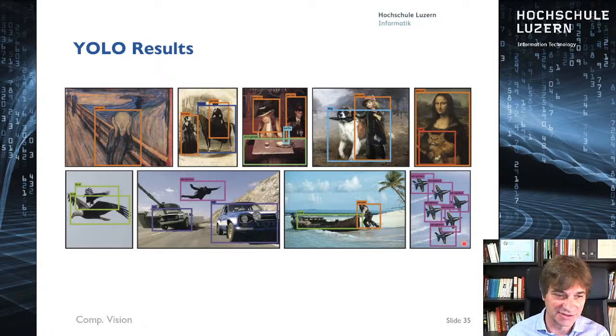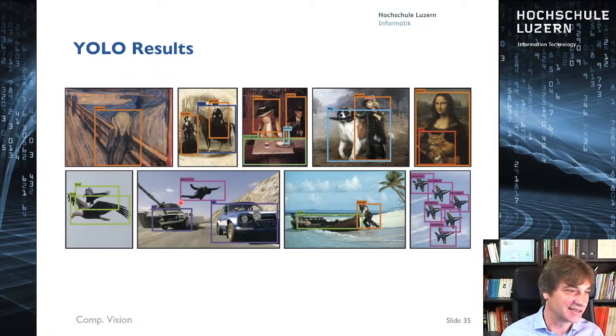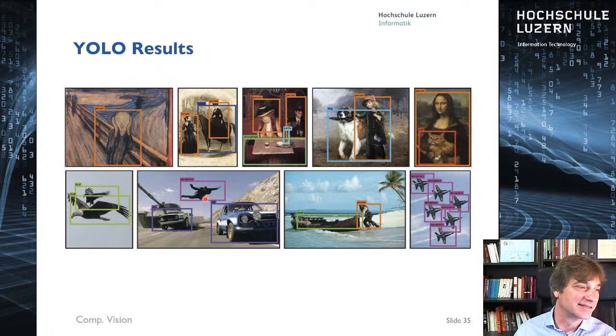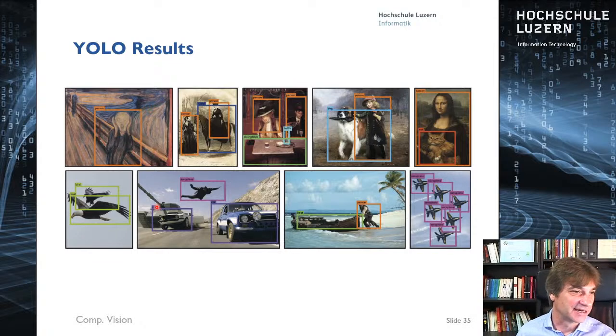Also here with multiple objects, it generally works quite well. Sometimes it's a bit difficult, but that would also be difficult for a person. Here this object in the air that looks like it has wings is classified as an airplane and not as a person in a jumpsuit. Or maybe the tank here is not recognized at all.